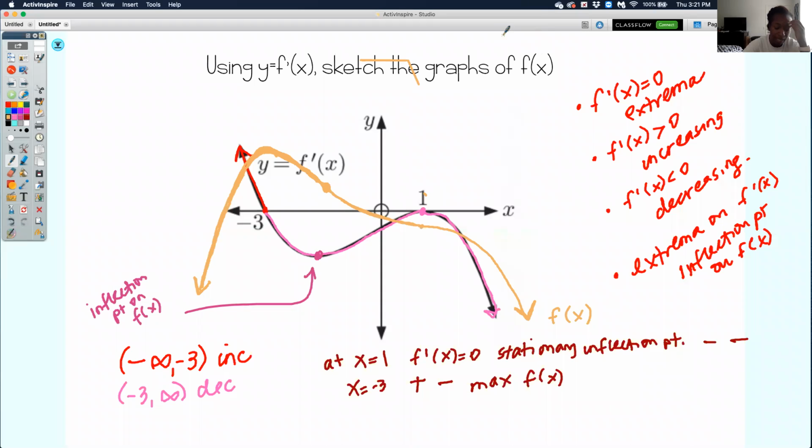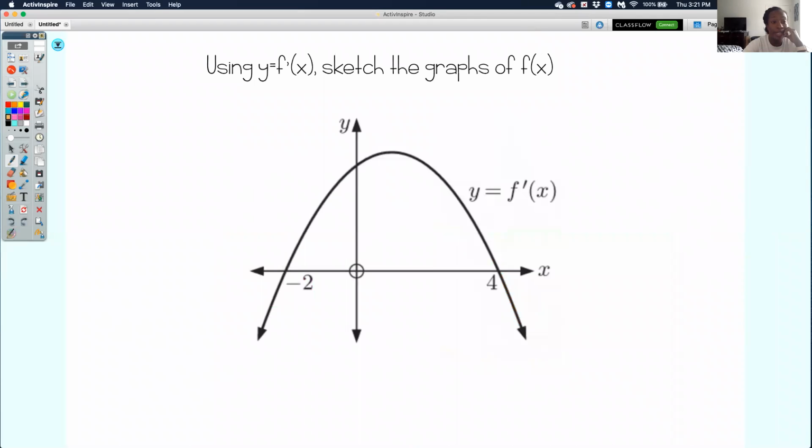So to finish up this last problem, again, we are practicing sketching the original function from the first derivative. And so we have this graph here. We want to use the different features on this function to graph our original function.